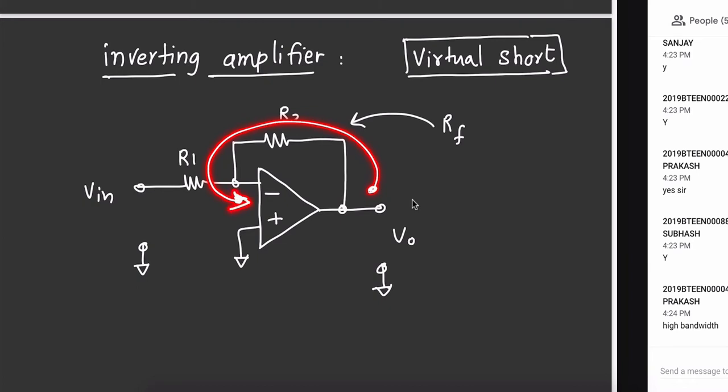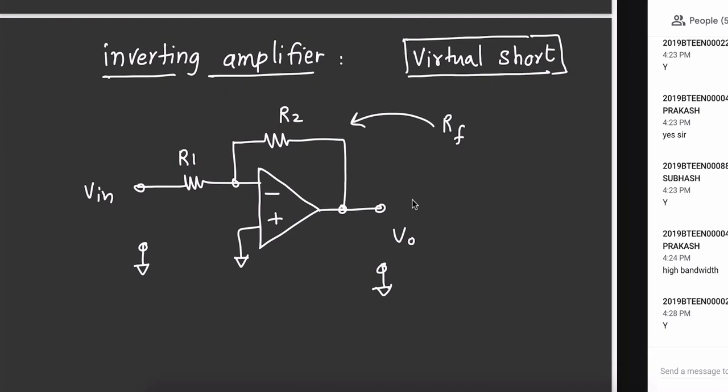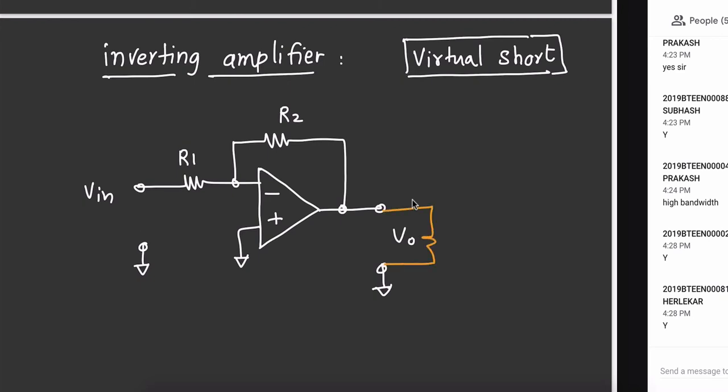Everybody understood this? Good. So we will continue to write R1 and R2 for simple treatment. And we are not connecting any load resistor. Effect of load resistor we will understand later on. Temporarily we will remove this. Now what we know about this circuit is, suppose I write AD, meaning the differential gain of the op amp.